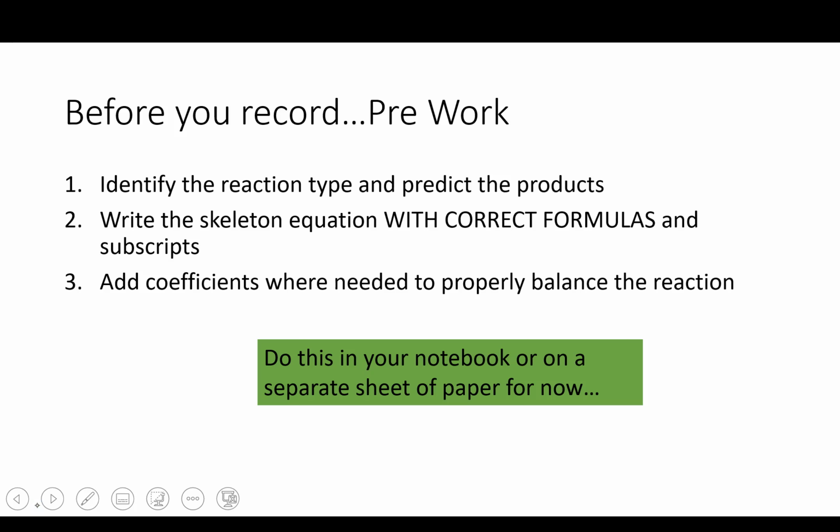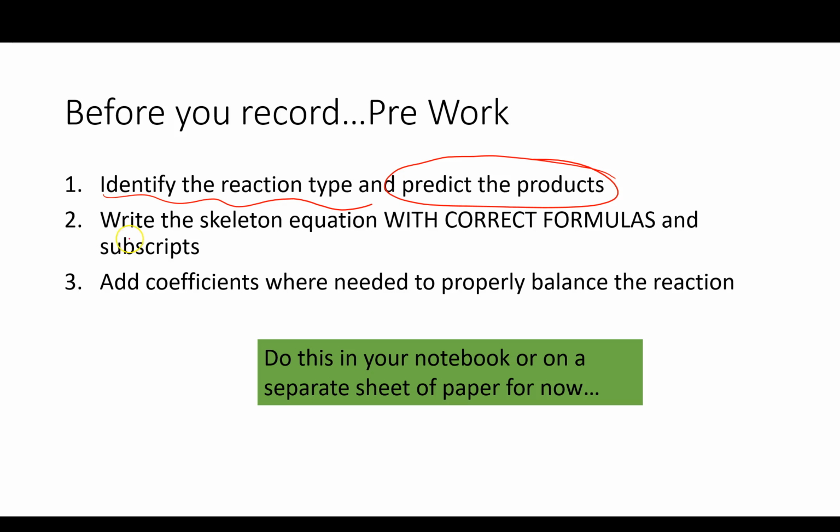Then you need to do some pre-work. You'll see the two reactions you're responsible for, and there are three things you're going to have to do. First, going back to the previous part of this unit, identify what type of reaction it is and use those patterns from reaction types to predict what your products ought to be.